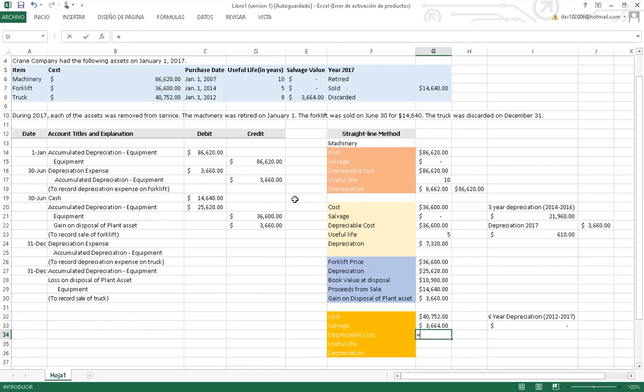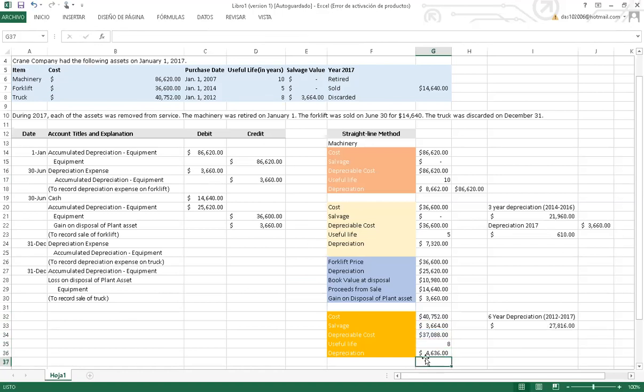So depreciable cost will be the cost minus salvage, and we also take into account the useful life of 8 years, and we divide depreciable cost by useful life.